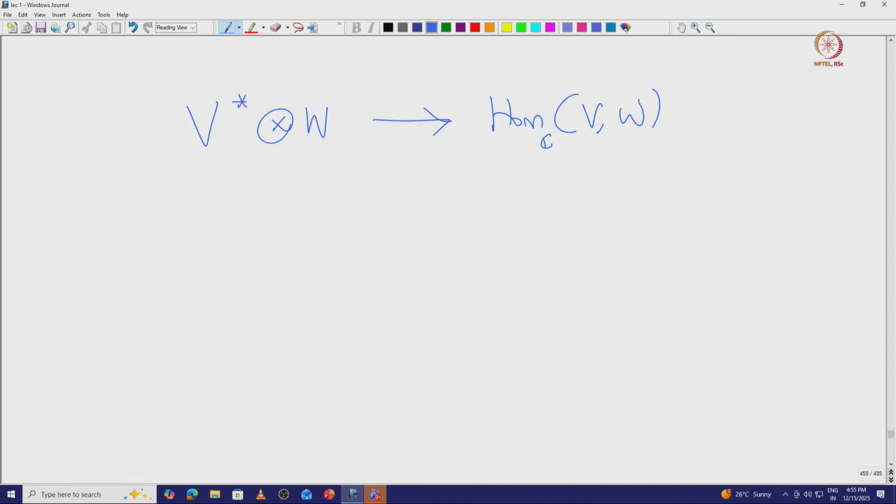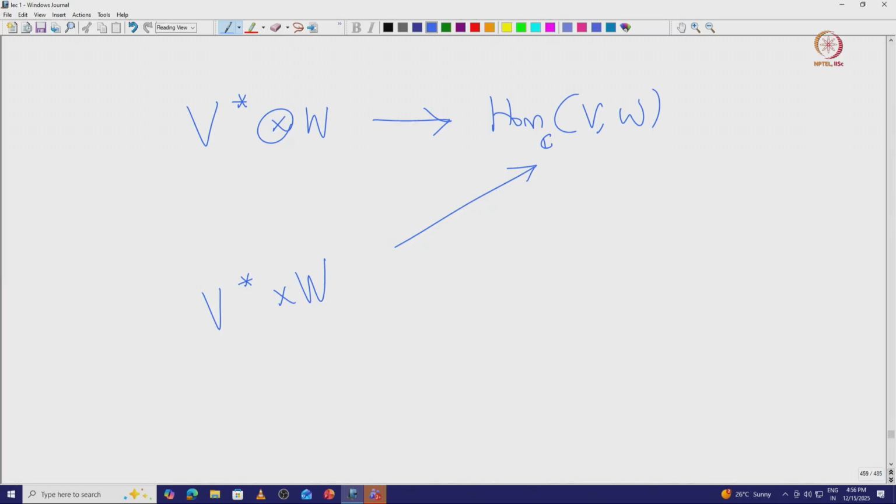Let me go through this rigorously. If I want to define a map from the tensor product to some other vector space, we have to use the universal property. So, to define this map, first we need to define a map from the product V star cross W to this Hom space.